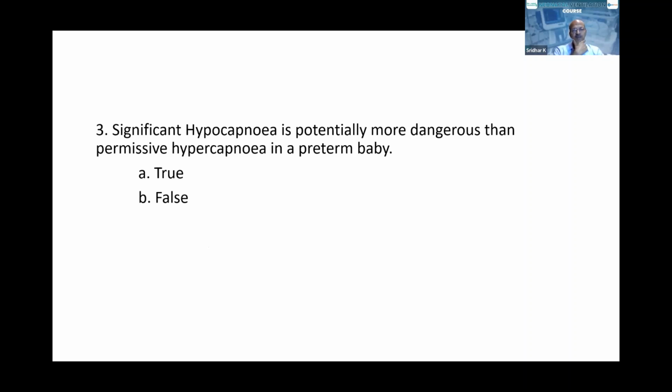This question is about hypocapnia, whether it is potentially more dangerous than permissive hypercapnia in a premature baby. Is it true or false? True. Dr. Satish, do you want to say why hypocapnia is dangerous? It may lead to periventricular leukomalacia if it is prolonged.